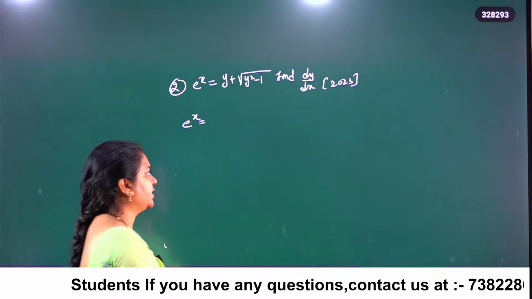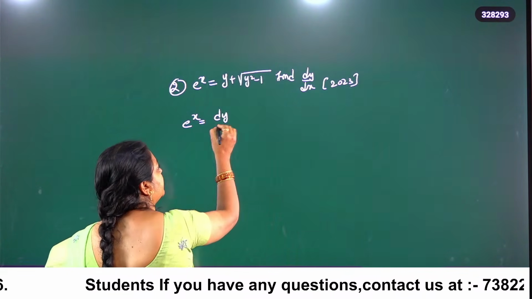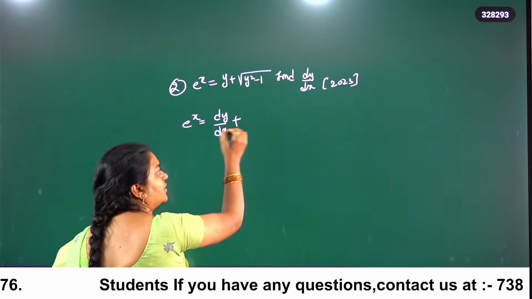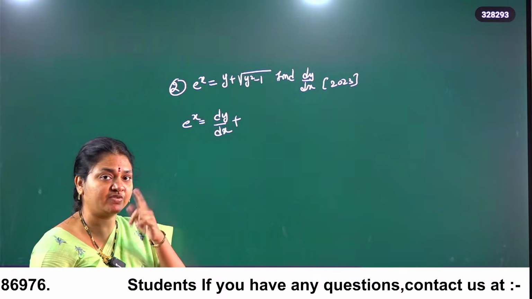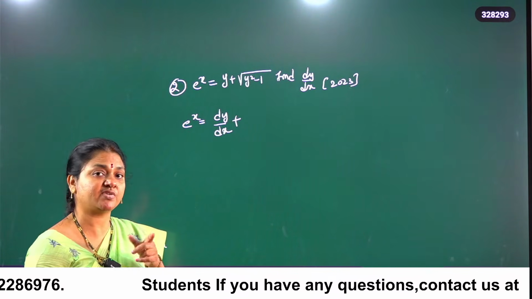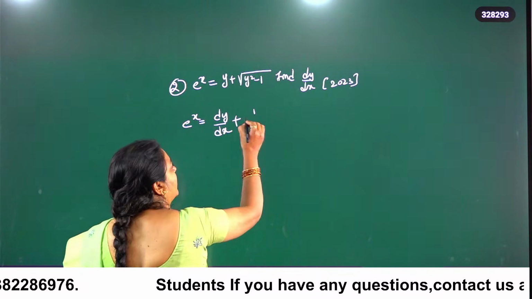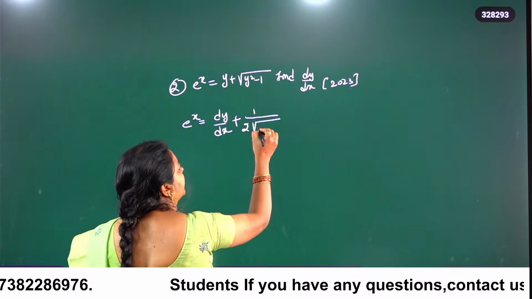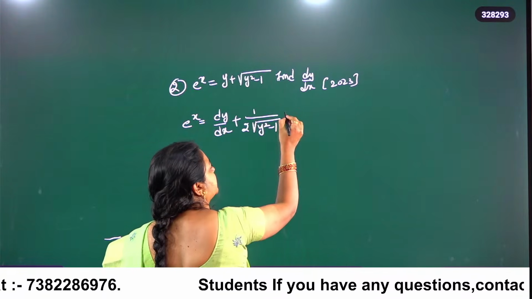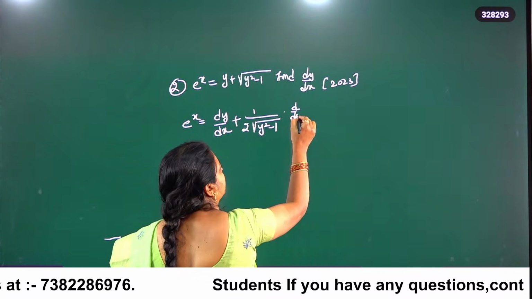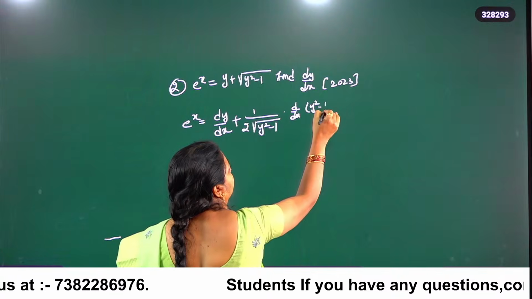Here y derivative is dy by dx plus, for root x, we already learned the formula: root x derivative is 1 by 2 root x. So here 1 by 2 root y square minus 1, and again y square minus 1 derivative, we need to see d by dx of y square minus 1.